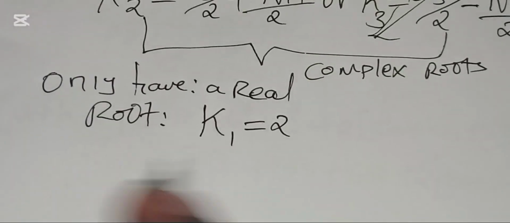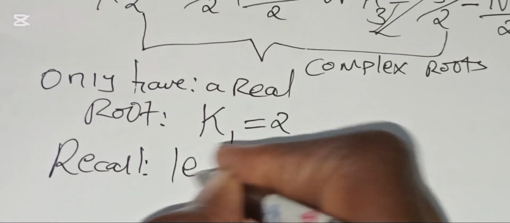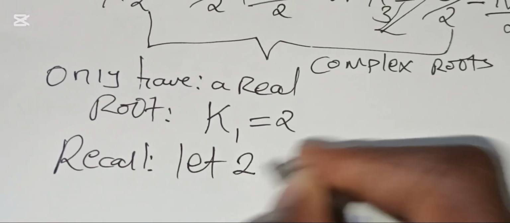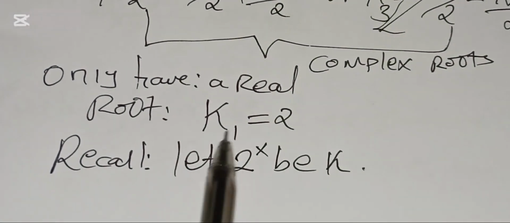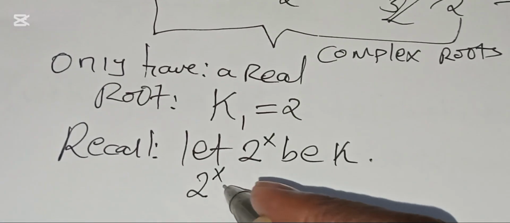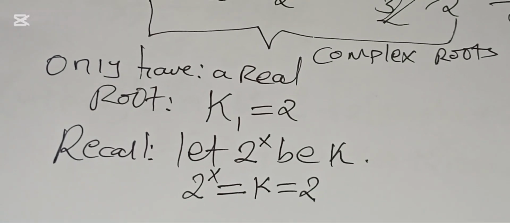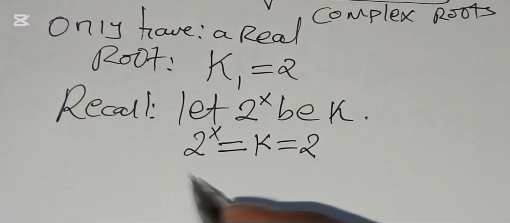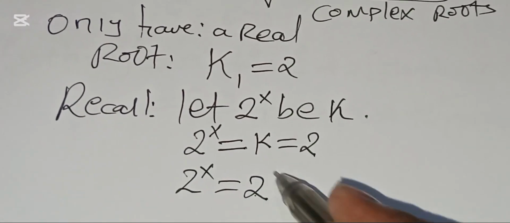Now from here, if you recall, we said that 2 raised to power x is k, and you can check that our k is equal to 2. So we have 2 raised to power x is equal to k, which is equal to 2. So that means we have 2 raised to power x is equal to 2, which is 2 raised to power 1.